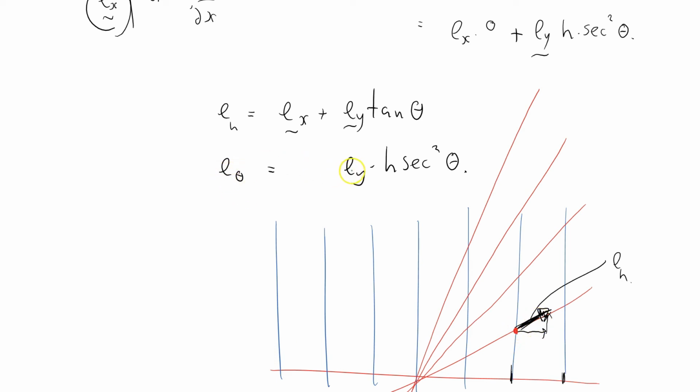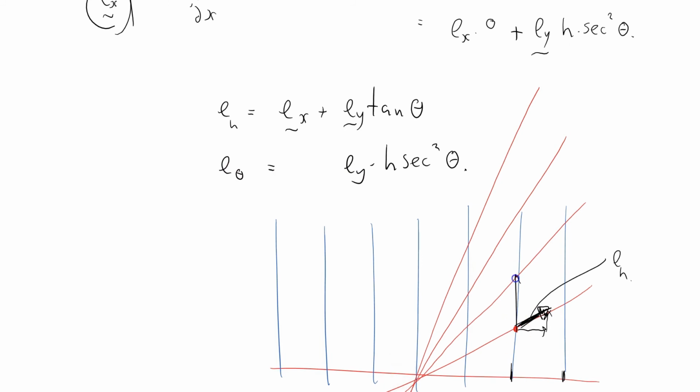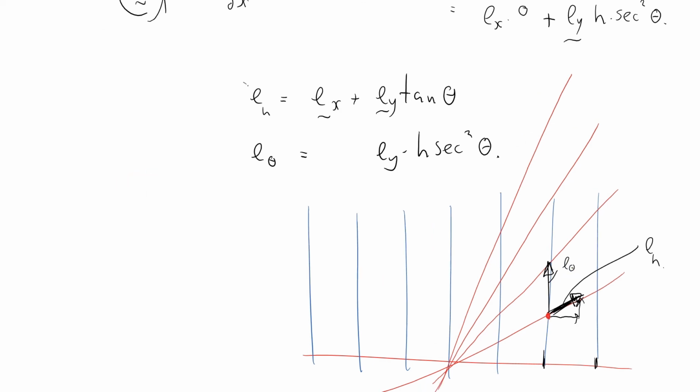E theta looks like EY times H sec squared theta, so that cruises up here, and of course something very serious is going to go wrong at theta equals pi by 2. And this one here is E subscript theta. These things here are called coordinate bases.